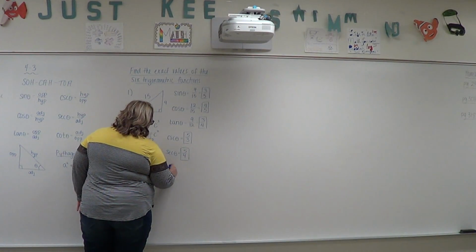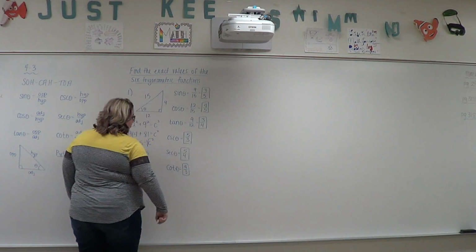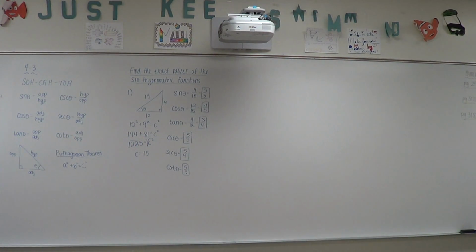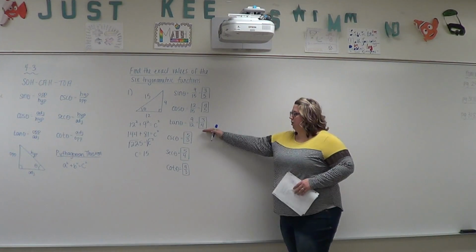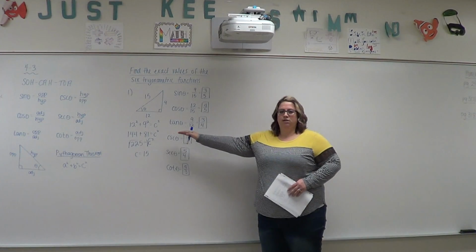And what about cotangent? 4/3, good. Now, I know the second 3 are new, but this should be like review from geometry, right?